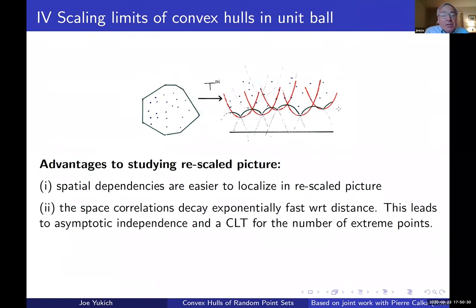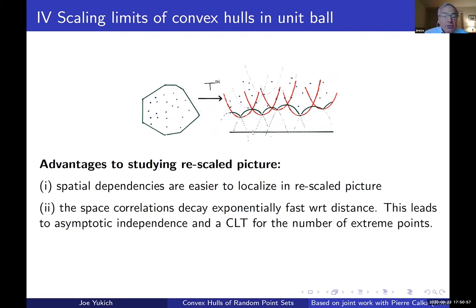Okay, so there are some advantages to studying this rescaled picture. One advantage is that the spatial dependencies are often easier to localize in the rescaled picture. We'll say more about this in a few minutes. It becomes easier to understand the spatial correlations.